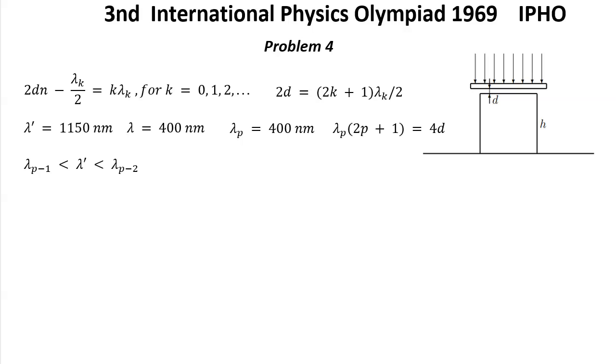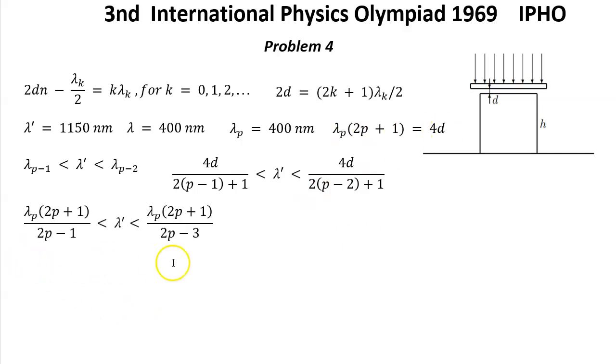We have this inequality, which can give us the next inequality. We assume here that now instead of p we have p minus 1, and here we have p minus 2. Now substituting into the last inequalities 4d, we have these two inequalities. Here we have lambda_p equal 400 nanometers and lambda prime equal 1150 nanometers.